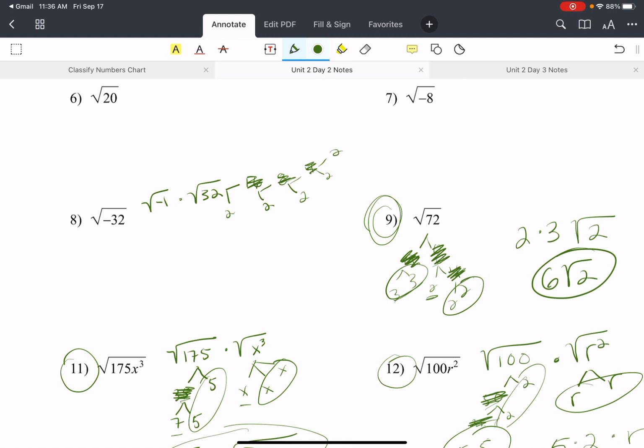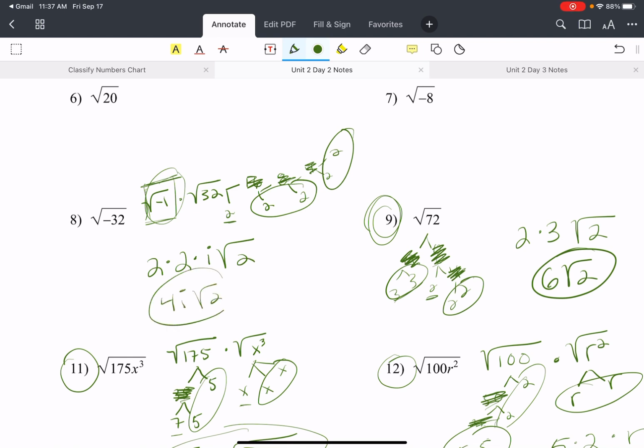Pairs, triples, groups of 4. Which one? Pairs, good. So that pair comes out, and that pair comes out. What's the square root of negative 1? I. And then my leftover 2. So 4i square root 2.